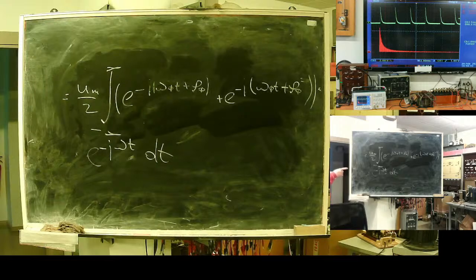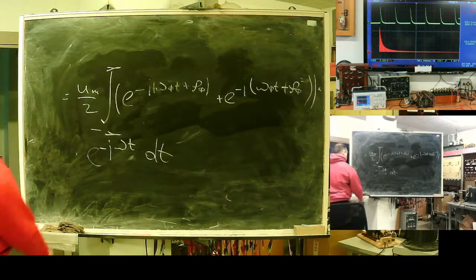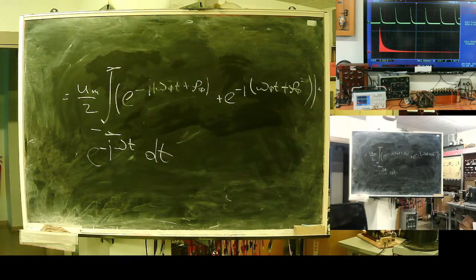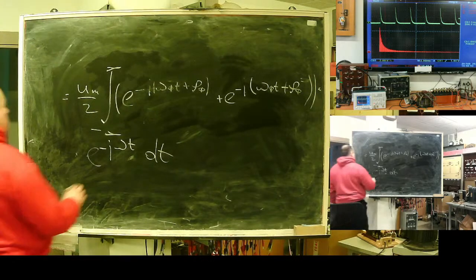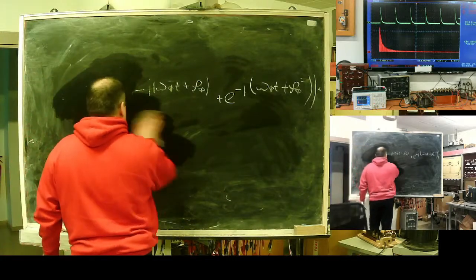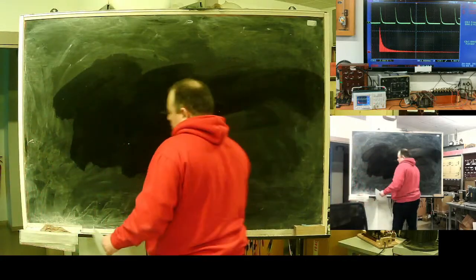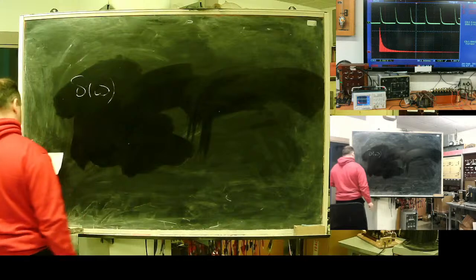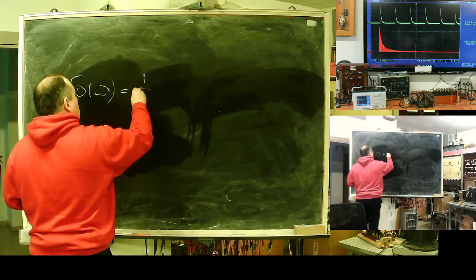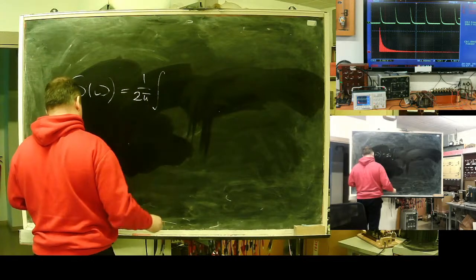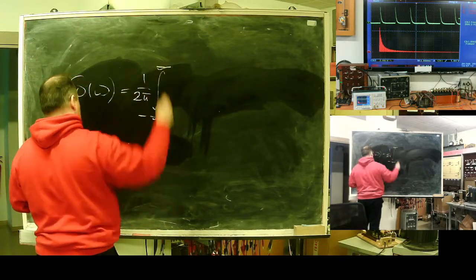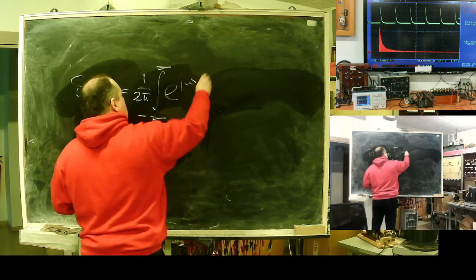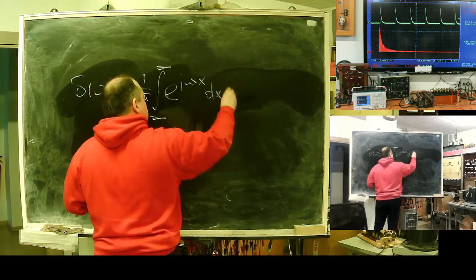We can do one trick. To solve this, let's present it in a more human-friendly form: we can introduce a delta function of frequency. It will be 1 divided by 2π, integral from minus infinity to infinity of e^(jωx) dx.